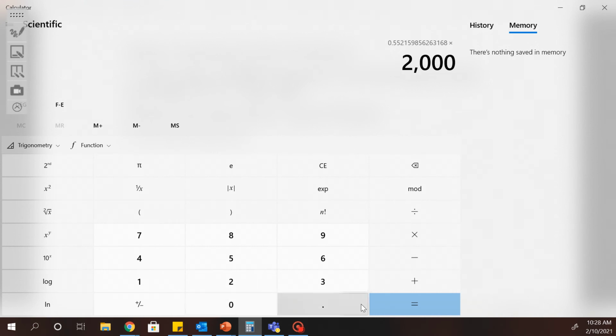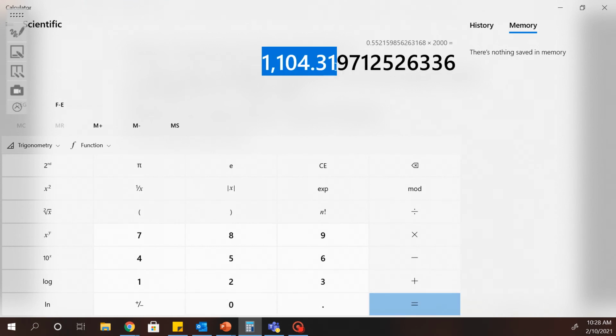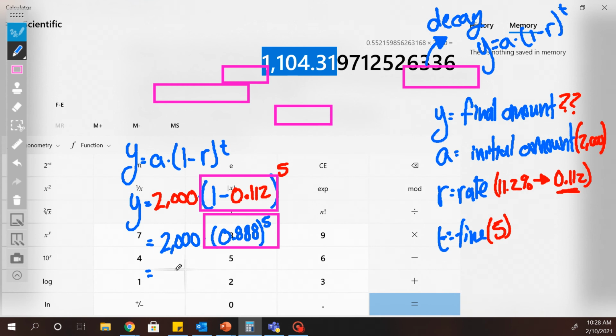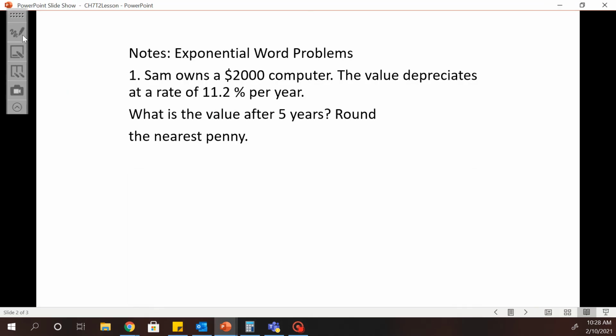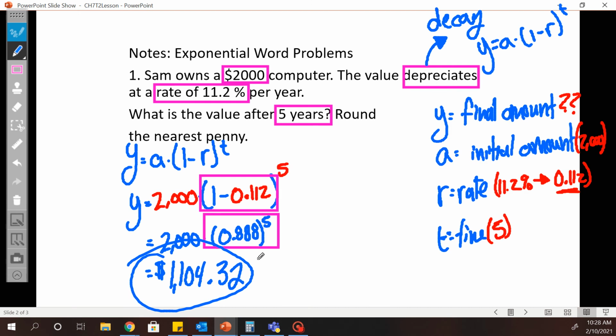So this is my value, rounded to the nearest penny. That's 31 cents with a 9 after it, so it rounds up to 32 cents. So $1,104.32. And this is my value after 5 years.